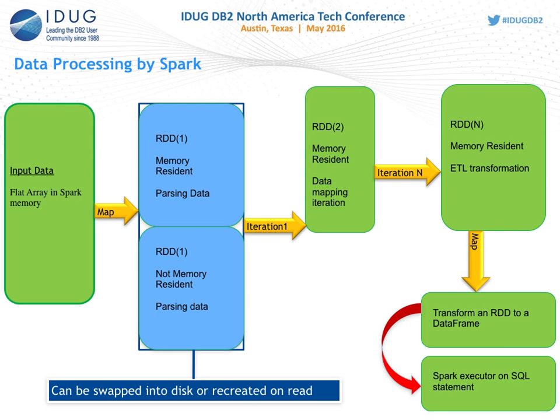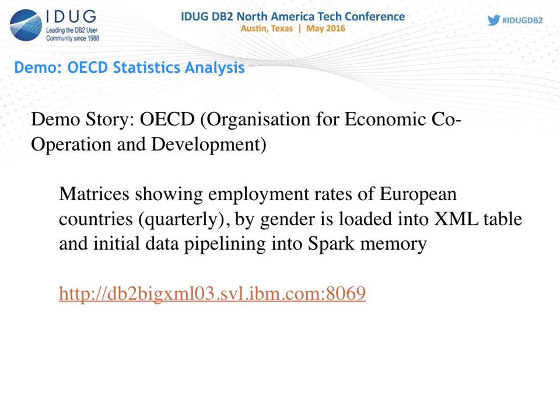Once it's there, you can do the mapping, run ETLs and transformations, load the data frame, and execute the SQL statement. For the sample, I couldn't get a text file of taxpayer information from this agency, so we used online tools. We found the Organization for Economic Cooperation and Development, which shows the employment rate of European countries by gender and age. We loaded that into an XML table in DB2 and then pipelined it into Spark memory.